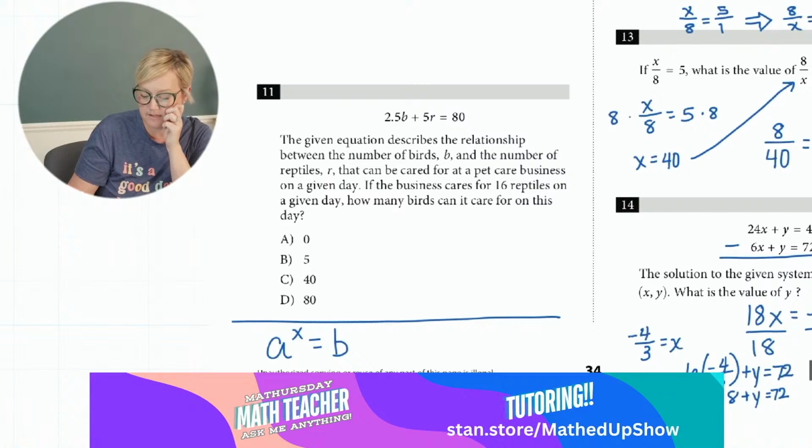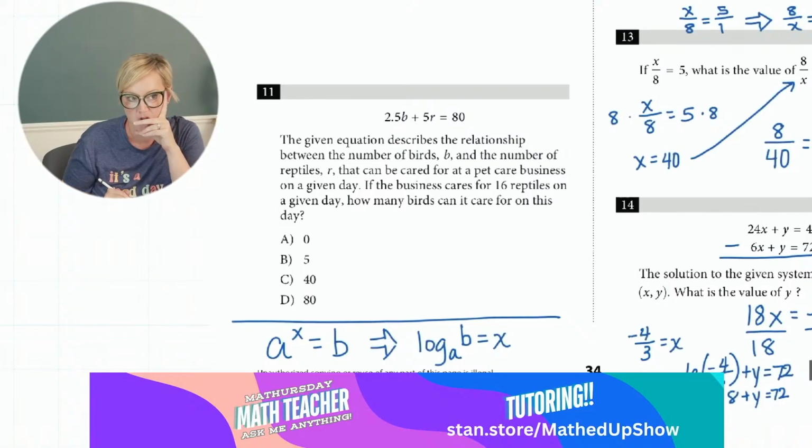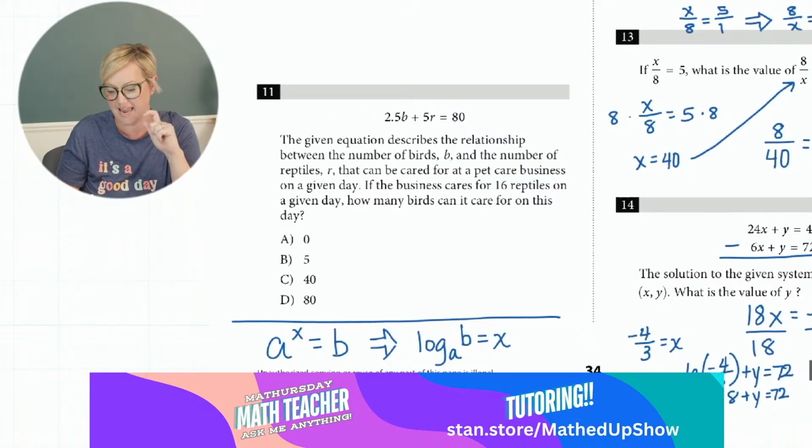So it loves the base, which means I'm going to have log base a, but it hates the raised case, the exponent. So it's going to bring in that b, and get that exponent as far away from me as possible. So that's my big tip: the log loves the base, but it hates the raised case.